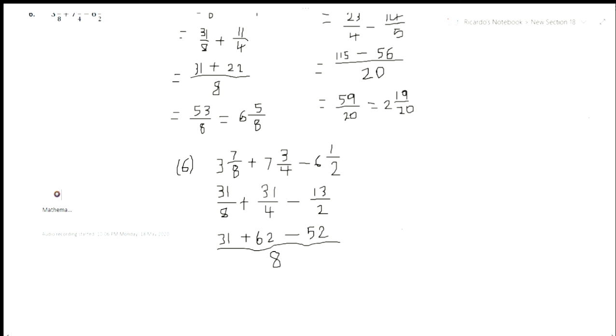Subtract 52 from 93, that would be 41. That would equal to 41 upon 8. Okay, so 8 into 41 was 5 times, remainder 1. And you put the 1 upon the 8, and that would have satisfied the math.